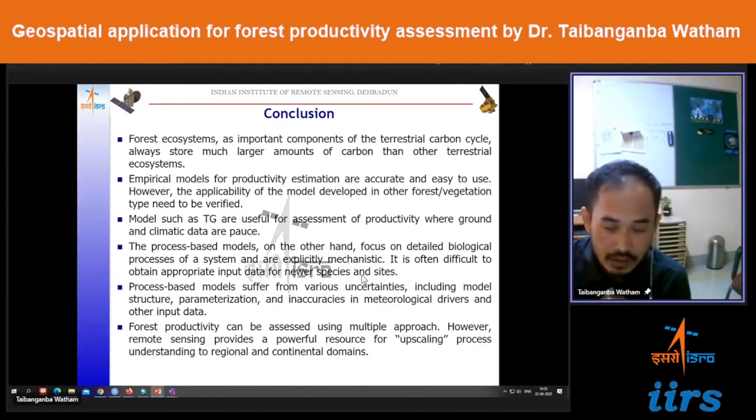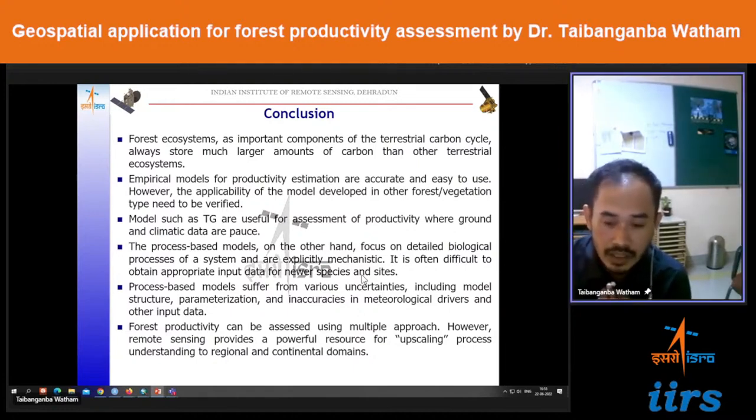Then there is also some uncertainty in the process-based model, as there are more structures and parameters incorporated in the model, so the uncertainty increases. Again, with the climatic meteorological data, how the input is going to be, the uncertainty again increases.